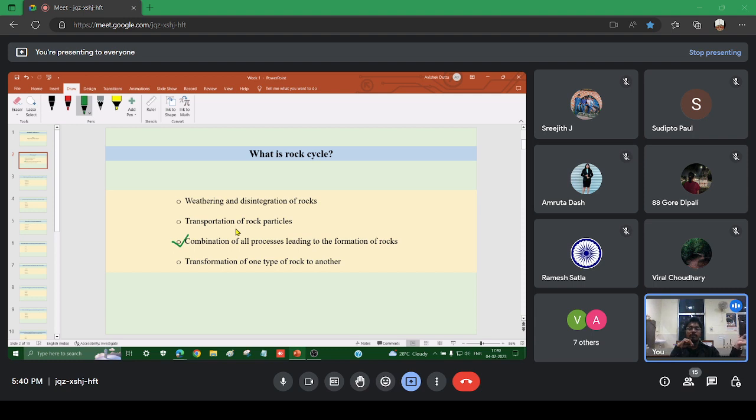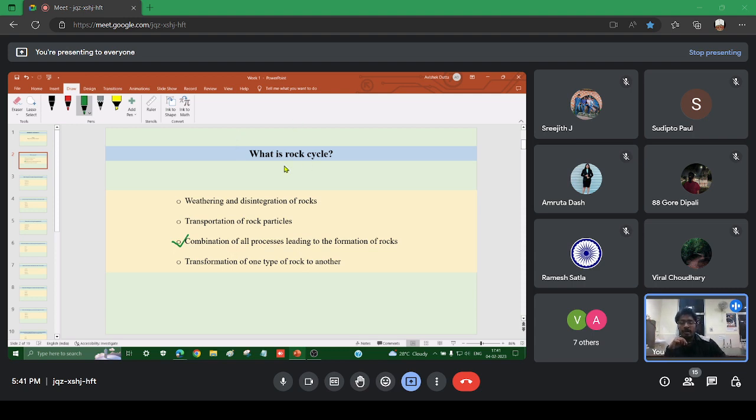Transportation means carrying rock particles from one area to the next. It is also a part of the rock cycle. Transformation of one type of rock to the other is not the rock cycle. So option C, a combination of all processes which lead to the formation of rocks, is the correct answer.